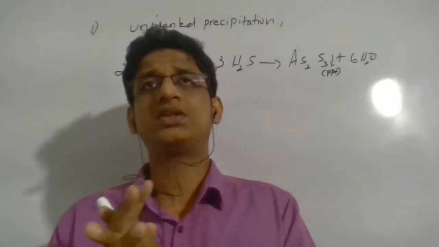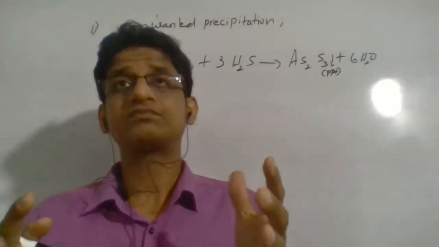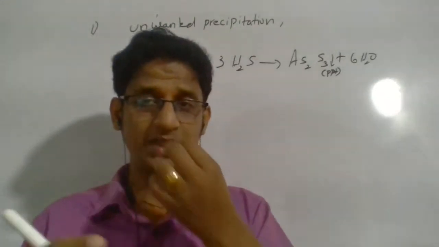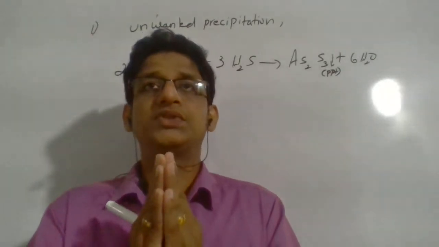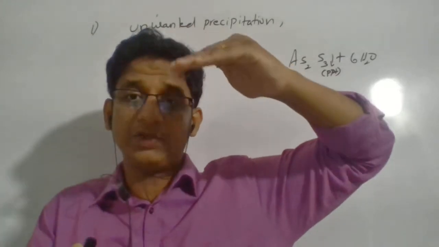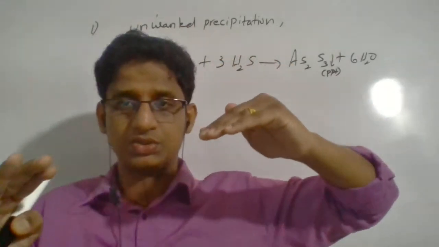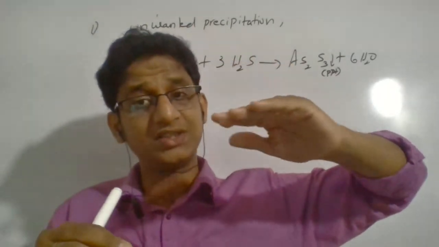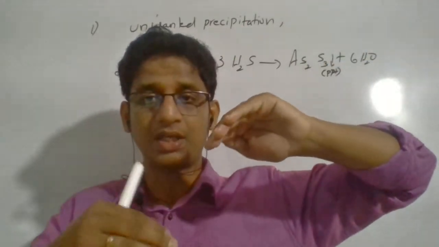Why are we actually doing this? Some of the anions may not be obtained from our normal mixture. If sodium carbonate extract is prepared, the filtrate, the liquid part, contains only anions. There is no interference of cations in that sodium carbonate filtrate.